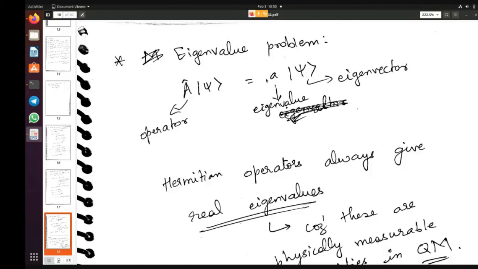Eigenvalue is always a number. It can be a complex number, a scalar, a real number, whatever, but it is a number. And again, it gives you back the ket psi or the wave vector.